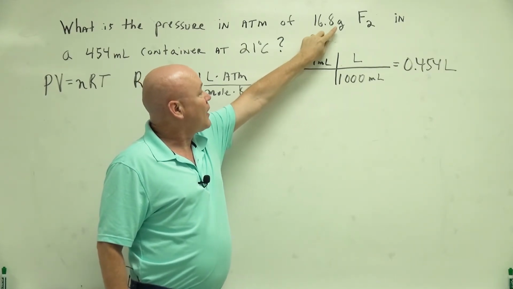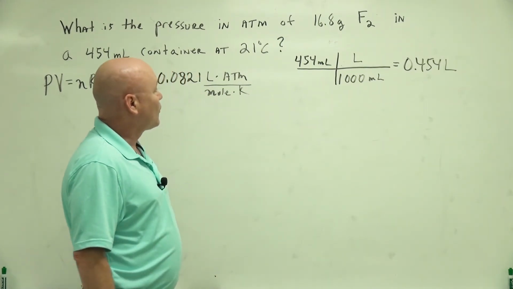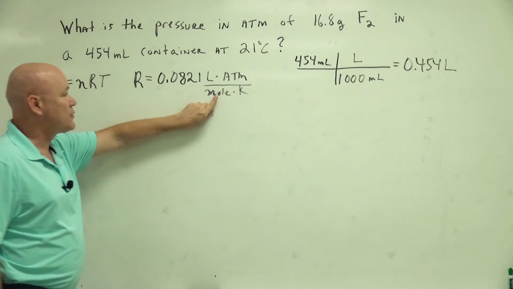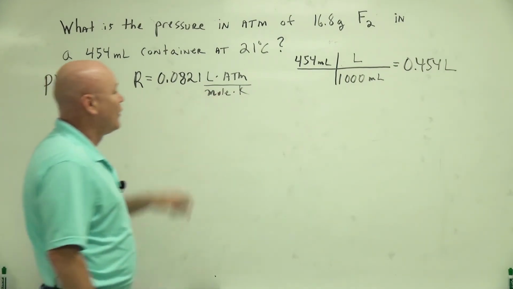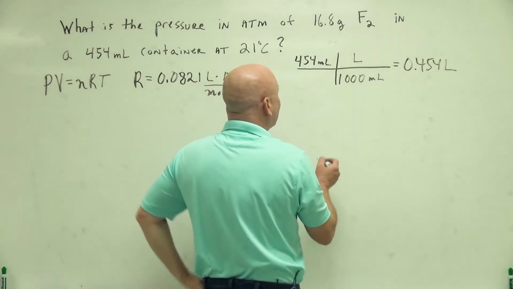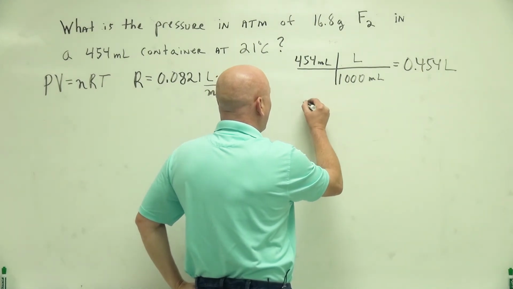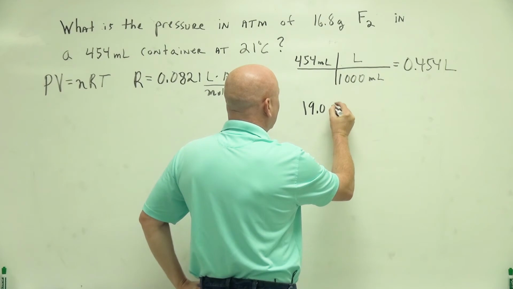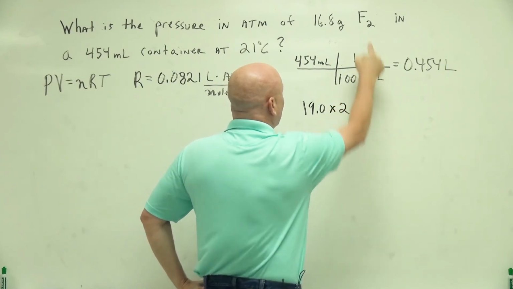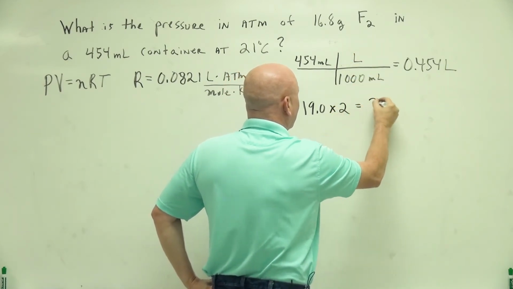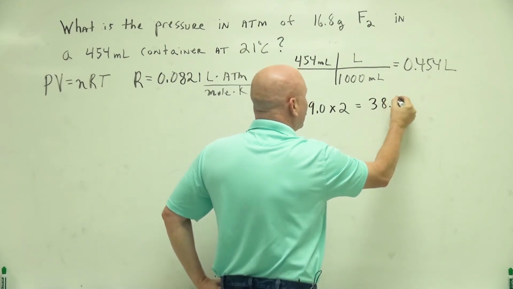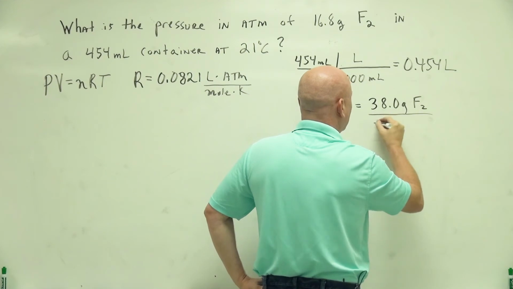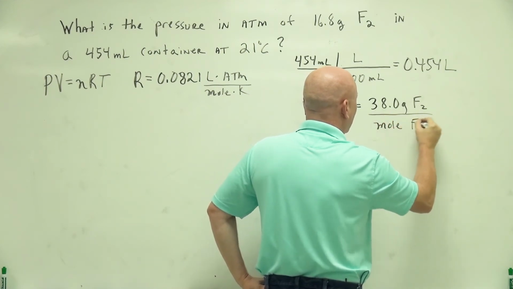So I need to turn grams fluorine into moles fluorine, which is what is in our gas law constant, and I'm going to need the formula weight for fluorine. If we look at our periodic table, fluorine is 19.0, and there are two of them, so that's 38.0 grams fluorine for every mole fluorine.